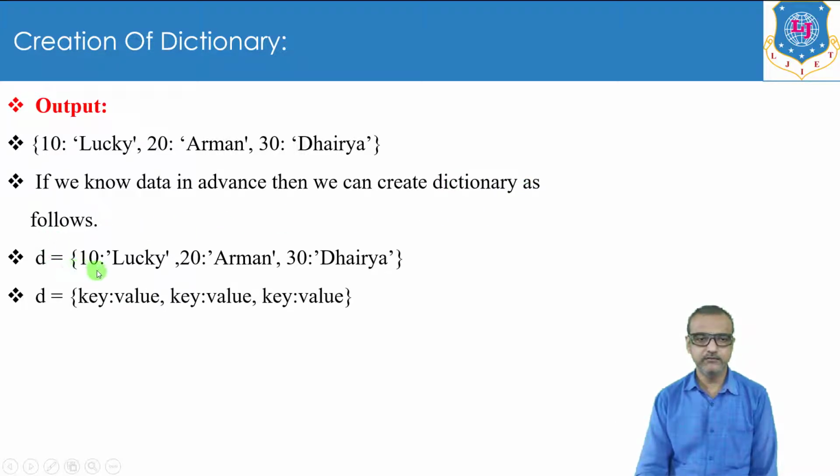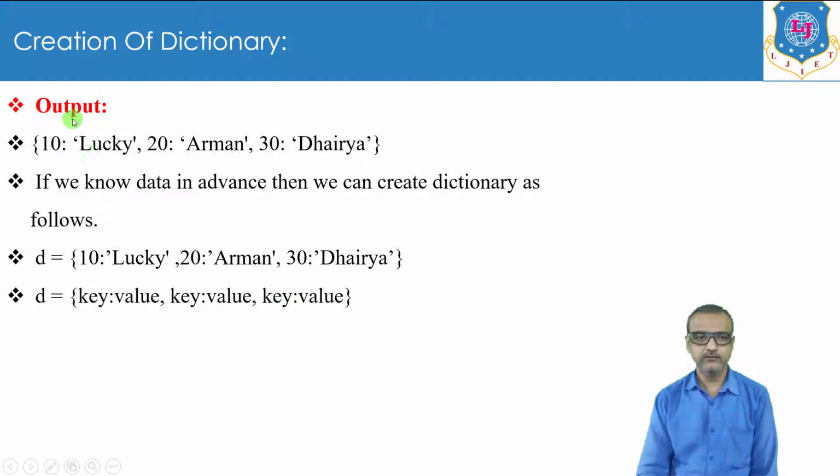D equals to, in key number 10, we have assigned the value lucky. For key 20, we have Arman. For key 30, we have Darya. In this way, if you know the data in advance, then we can create the dictionary by assigning key value, and key value.